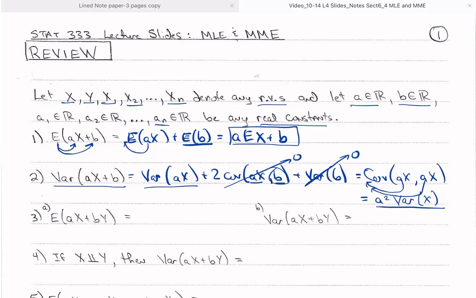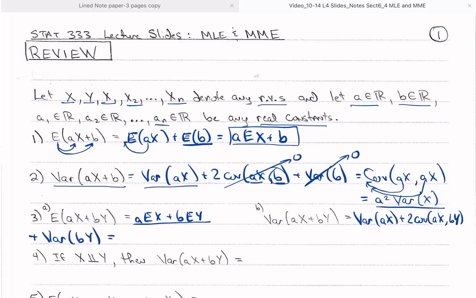So for 3a, this is simply going to be A times E of X plus B times E of Y. Okay? And then we have the variance here. This is going to be AX plus BY, and we did not say that these are independent, right? And since we did not say that X and Y are independent, we have to write this as the variance of AX plus 2 times the covariance of AX and BY, plus the variance of BY.